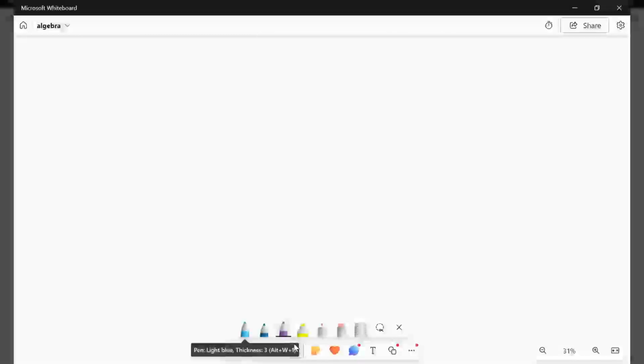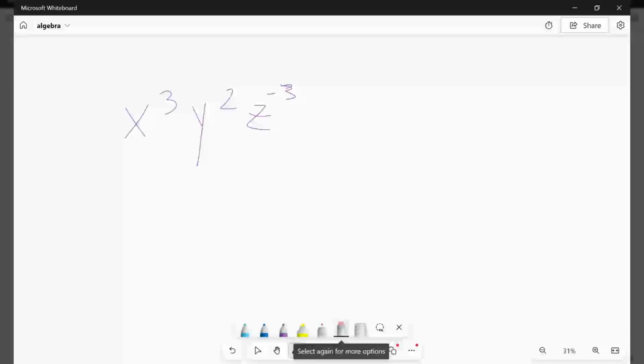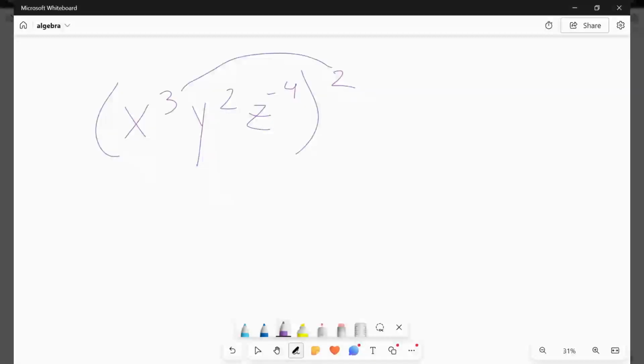All right, let's do an example. x to the third, y squared, z to the negative 3. That's not a great negative by me. Let's make it negative 4. Okay, and all of this squared. So in this case, my squared has to go to the 3, to the 2, and to the negative 4, right?